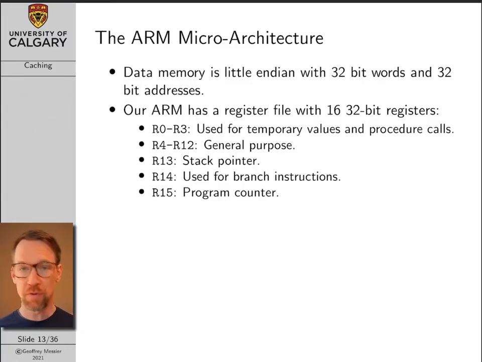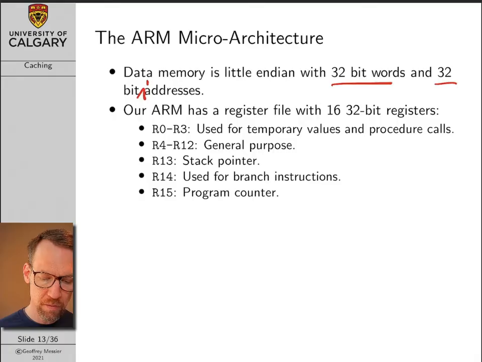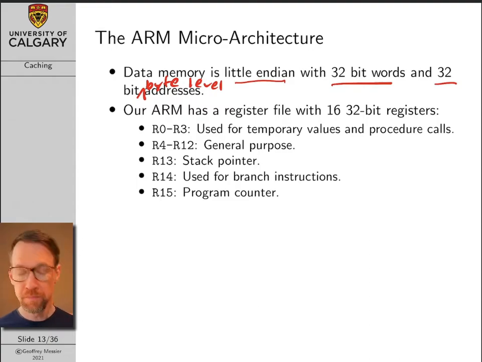There are a lot of different versions of ARM out there, but the one that we're going to assume uses 32-bit words and 32-bit byte-level addressing. Sorry, I should have added that in: byte-level addressing with the little endian convention.